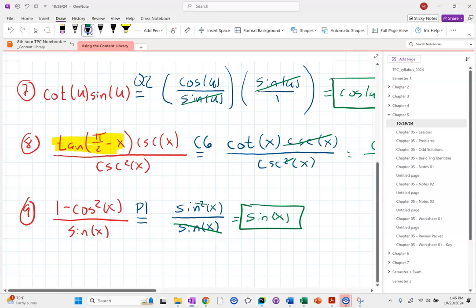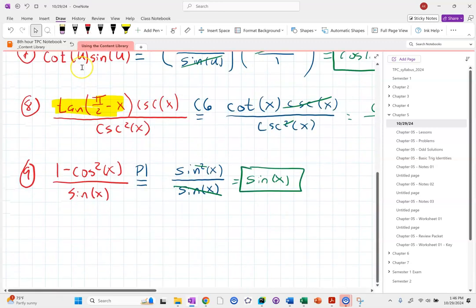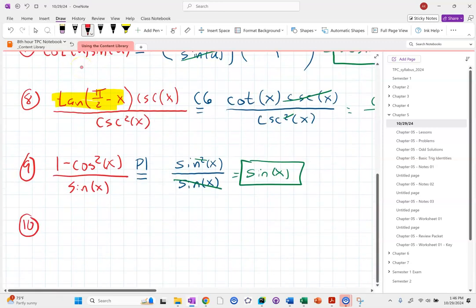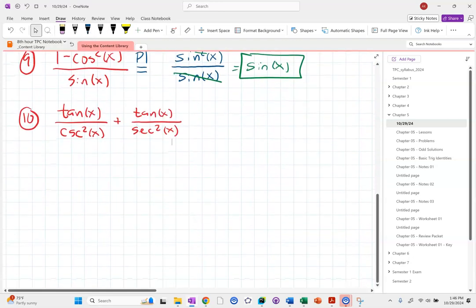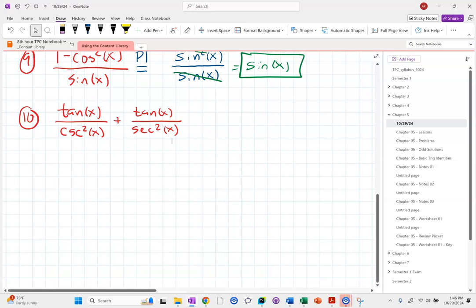Next up is number 10. All right, Aaron Delaney, you got tan x over cosecant squared x plus tan x over secant squared x.